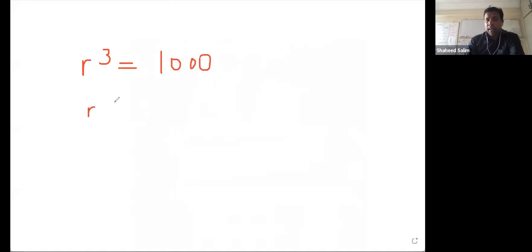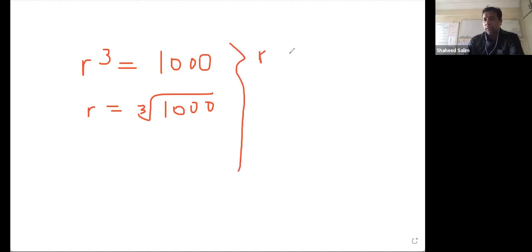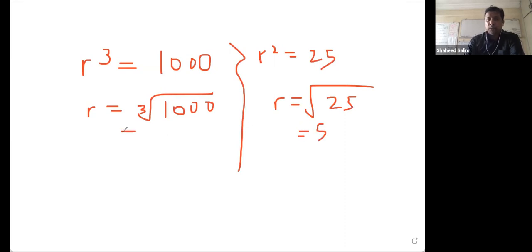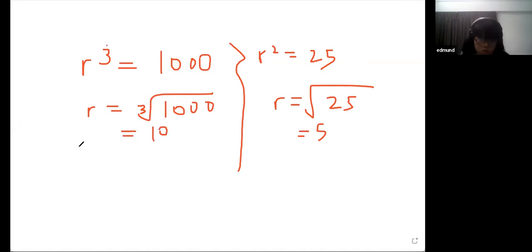You want to find what is R, you cube root it. This is the rule. You got to cube root it. Just like for square root, let's say it equals 25. You want to find R, you take the square root of 25. You get 5. Down here you get 10. So understand this one. This part you understand?